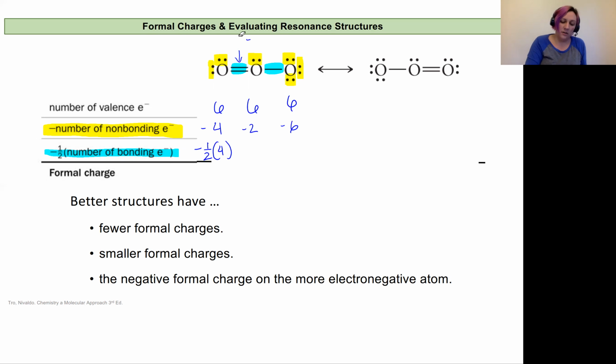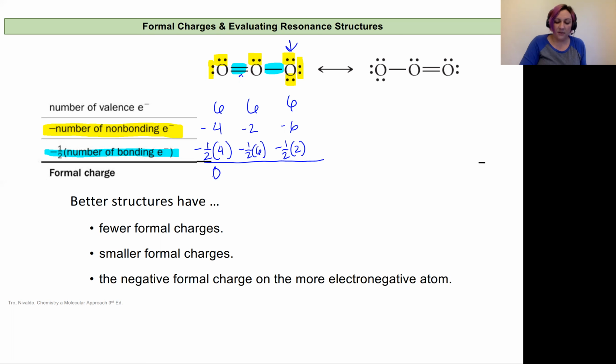My middle oxygen has 6 electrons that are part of a bond around it, so it's minus 1/2 times 6, or 3. My last one only has 1 bond, so it's minus 1/2 of the 2 electrons in that bond. So for our first one, it's 6 minus 4 minus 1/2 of 4, which is 2.